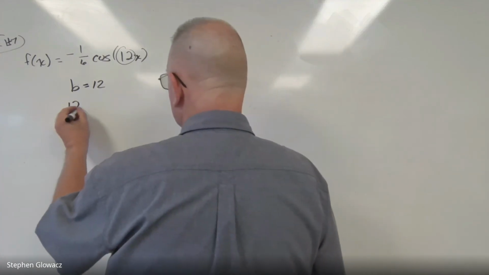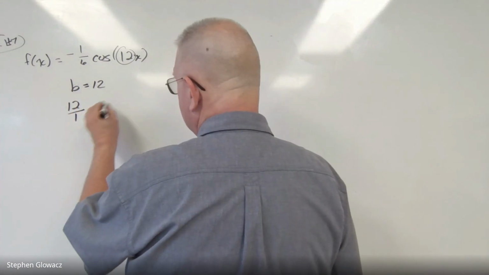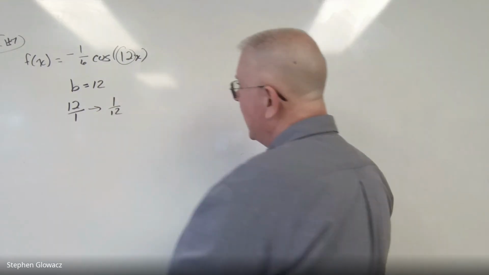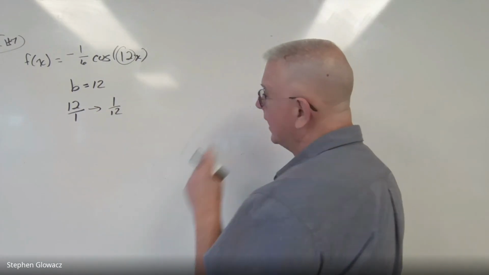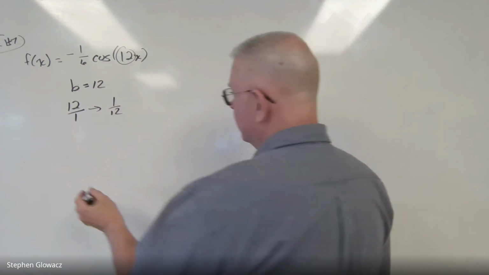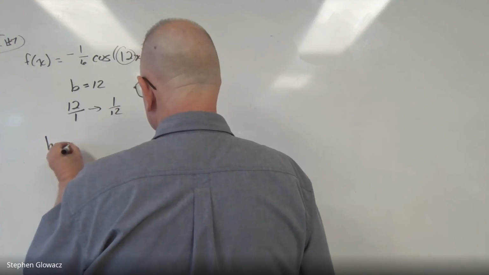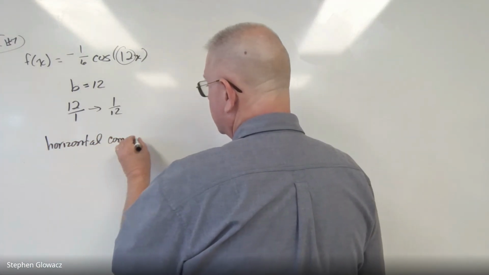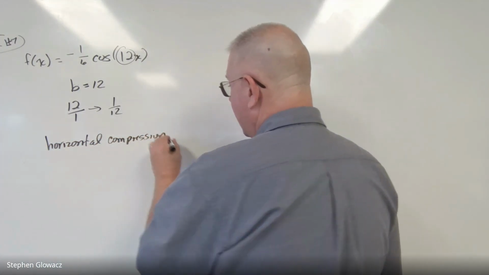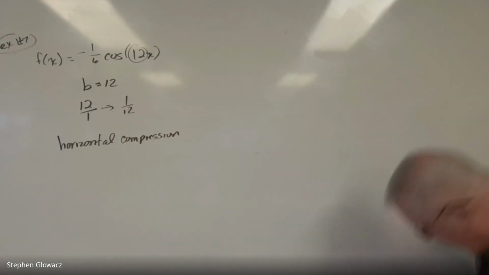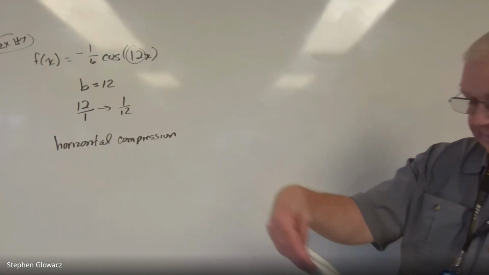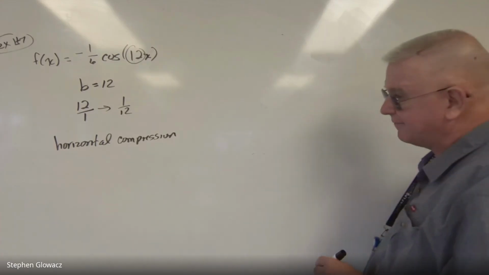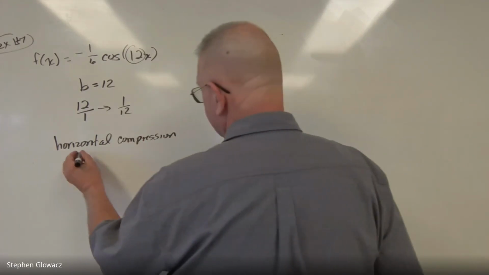So the reciprocal of 12, or 12 over 1, is 1 over 12. Since 1/12 is between 0 and 1, that would be a horizontal compression. And they ask for the factor there. So a compression by a factor of 1/12.